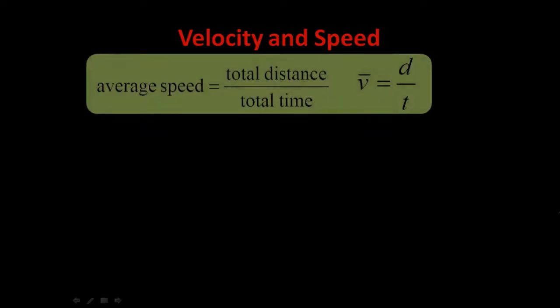Once we have our frame of reference established, now we can talk about the fundamental ideas of velocity and speed. They seem like they're the same idea. In fact, typically when we talk about speed and velocity, we're talking about the same thing. But that's not quite true in physics. You see, average speed is defined as the total distance traveled divided by the total time it takes to travel.